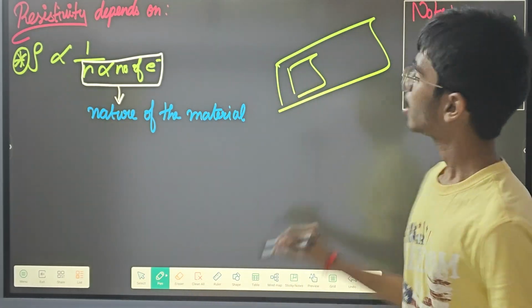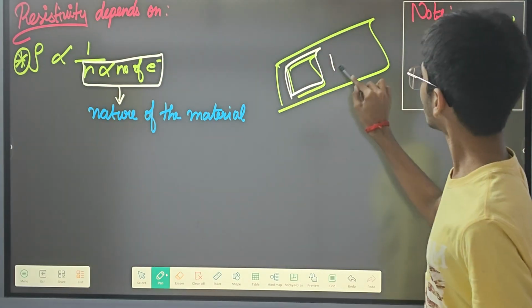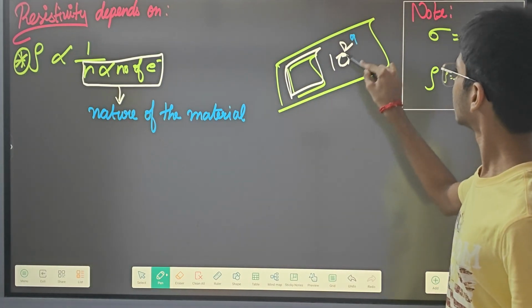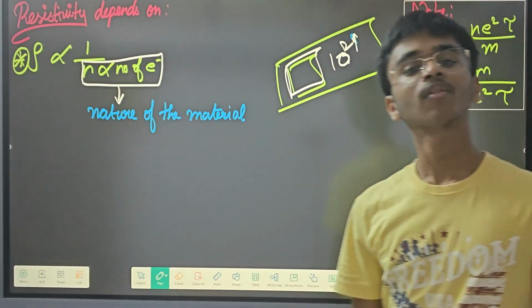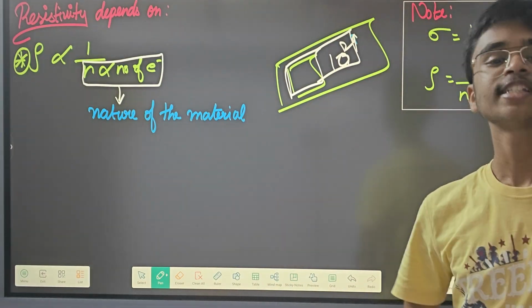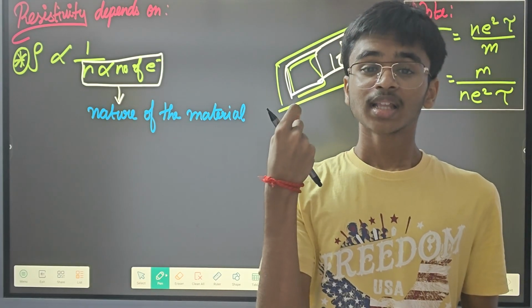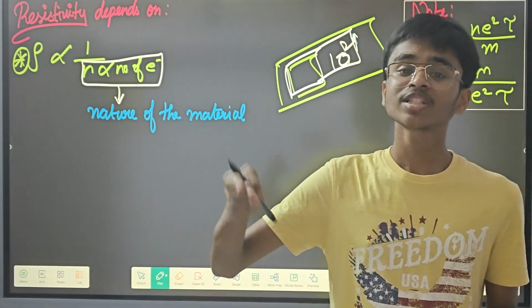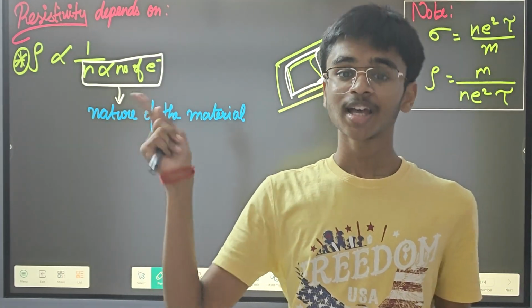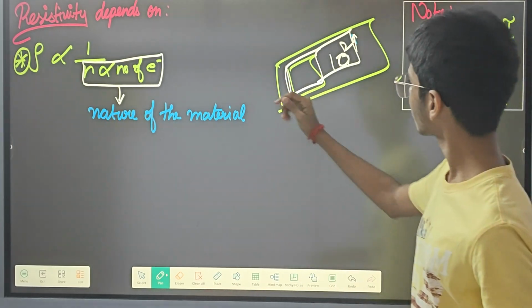In this conductor, per unit volume, there are about 10 to the power of 29 electrons. If the count of electrons increases to more than 10 to the power of 29, then the flow of electrons will also be high, because the number of electrons is high. So that means resistivity will decrease with the number of electrons.